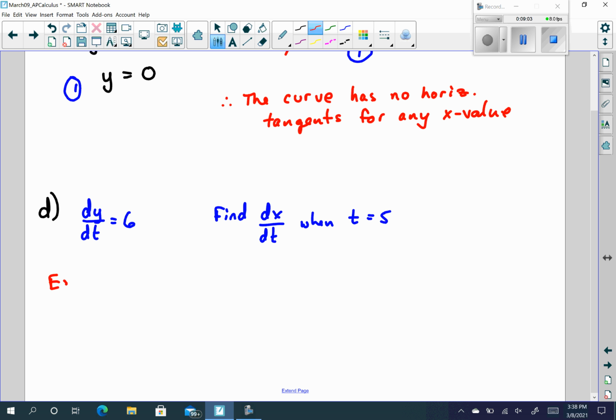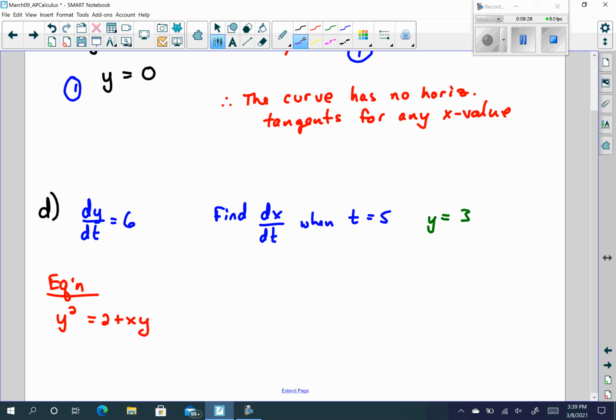So our equation, y squared equals 2 plus xy. And we know when time t is 5, the value of y is equal to 3. So we want to find dx over dt when t is equal to 5.